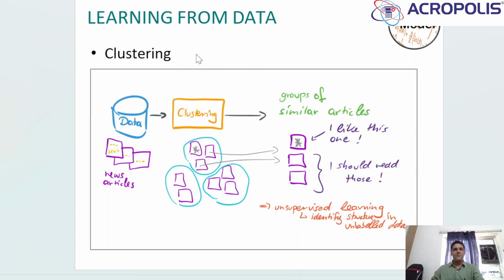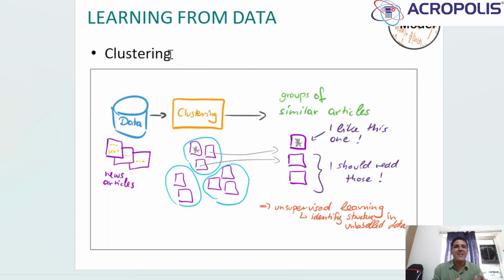Then we can also learn from the data. Clustering is a kind of unsupervised learning, where we are not trying to classify into different classes. Instead, we deal with unlabeled data, and with its help we identify the structure.